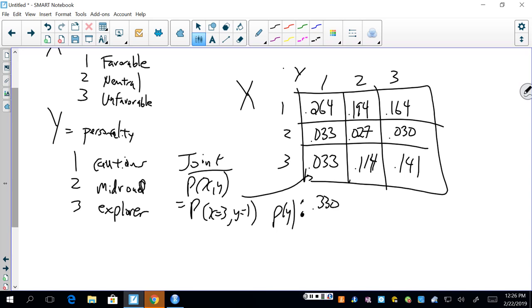The chance that y is 2, which is more of a mid-road person, is 0.335. And this one adding down here is also 0.335. They add up to 1. These three numbers add up to 1. The 9 numbers in the middle all add up to 1. And that is the marginal distribution, representing the marginal probabilities for y.